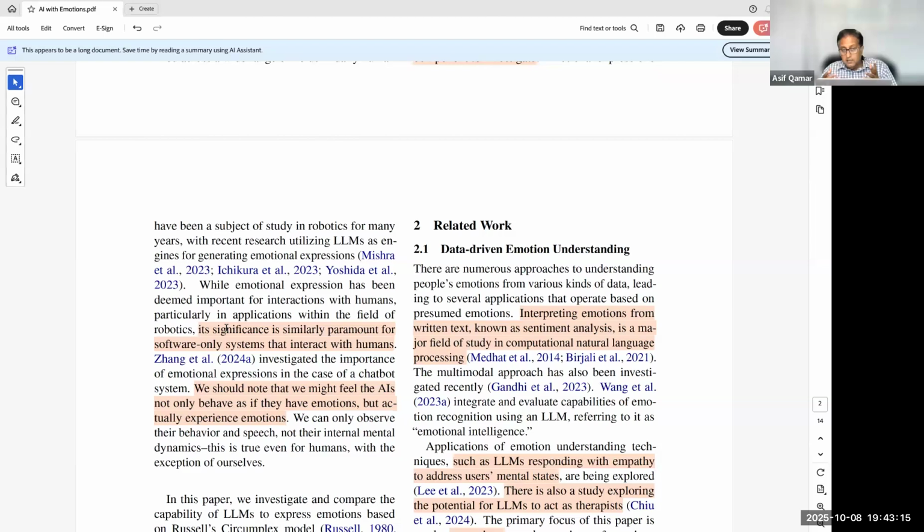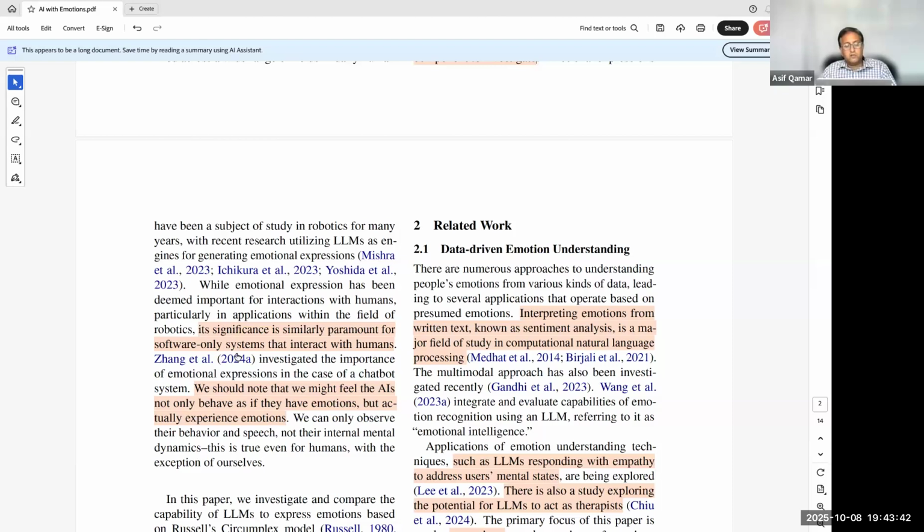Robots need to understand and respond in many situations based on emotions. While that was going on, these LLMs just came in 2023 or 24. We all started using them in 24. Now it's more and more important that some of the concepts and theoretical background be applied to the LLM responses. That's what this sentence is saying.